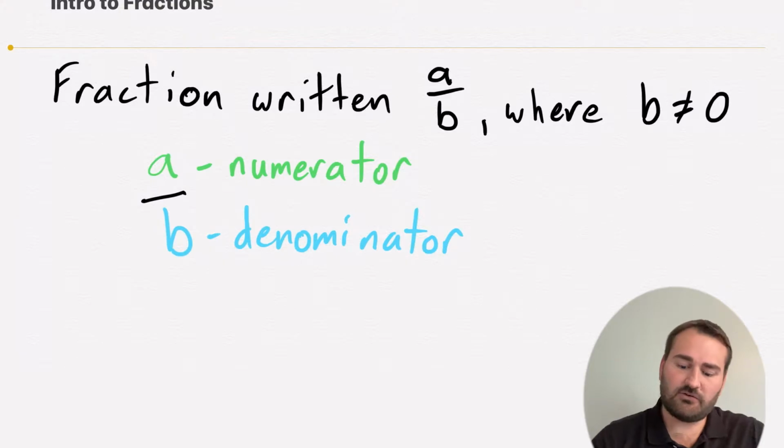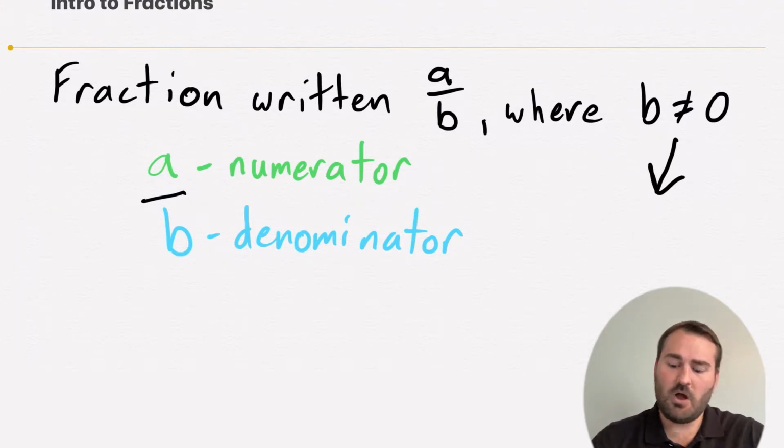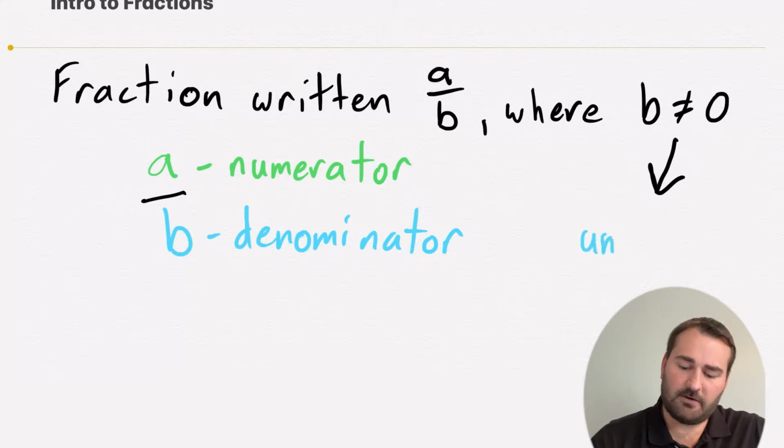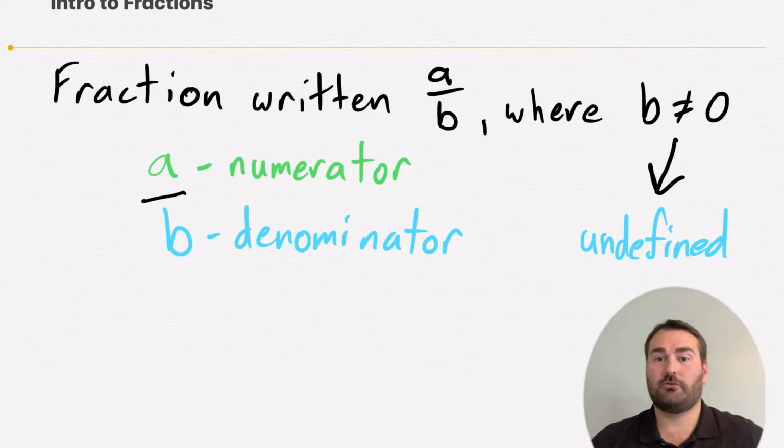So when we get to this situation right here, where the b is 0, we call that undefined, because there are no parts to take from. And that's our fraction. So we have the numerator thus far on top, denominator on the bottom. And the denominator cannot equal 0 because you can't take a part of an object that doesn't exist.